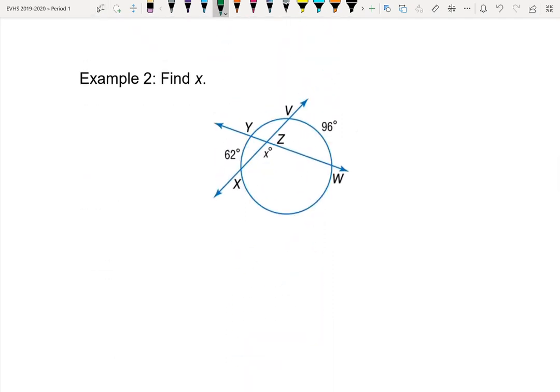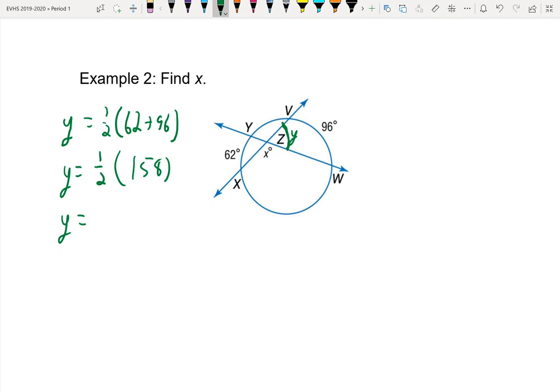The property of the average actually applies to this angle, VZW. I'm going to call that Y just so that I have a variable there. So I know that Y is equal to 1/2 times 62 plus 96. Then that gives me 1/2 times 158.